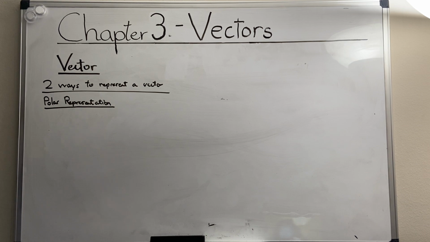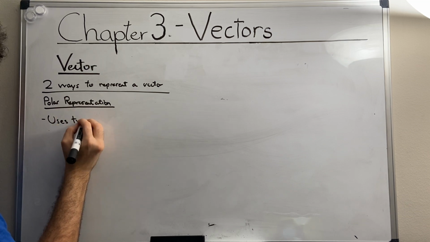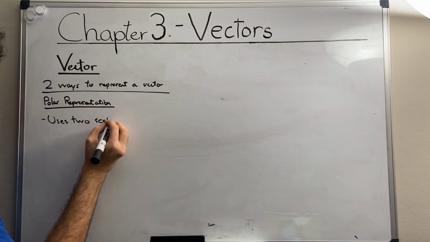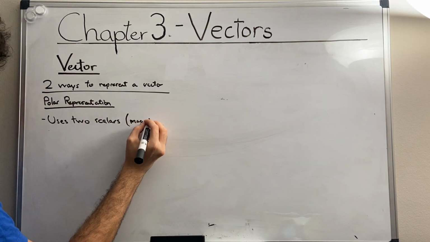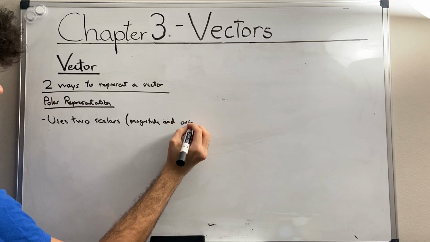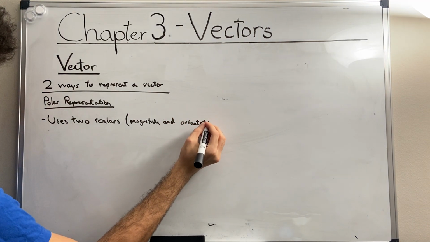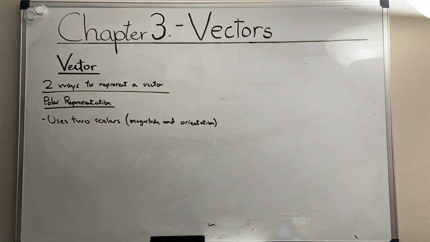This one uses two scalars: magnitude and orientation, right? So the way that we actually represent a vector with polar representation is the following.